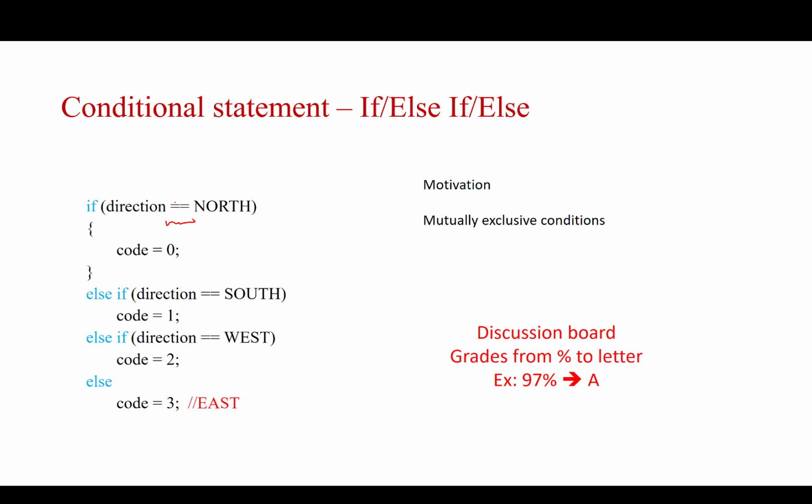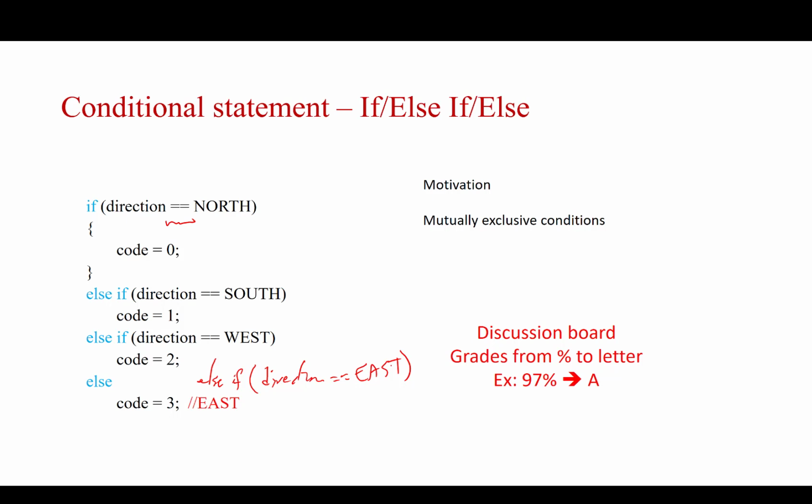So now you will ask me, why didn't you say else if direction equals east? So my answer here is that this is the only remaining condition, right? So you can just say else and that's it.